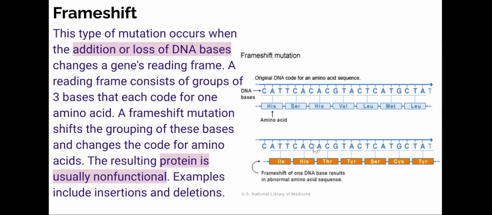The next types, there's actually two types of frameshift mutations that we're going to talk about. This is going to mean that you're adding or losing DNA bases, and when you do, the entire sequence of DNA gets shifted by one letter. And when you shift it by one letter, you actually end up with entirely different amino acids being made to go into a protein.